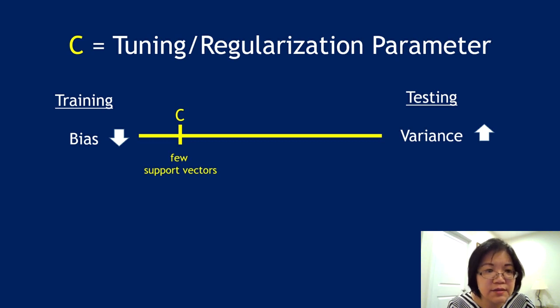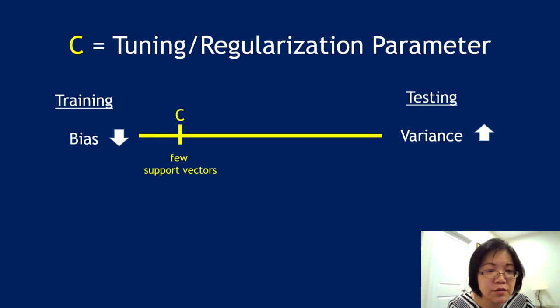In this particular case, C performs a similar function. It regularizes the trade-offs between training and testing, right? So C sort of controls how lenient or how strict we are in terms of how many errors we're allowing.